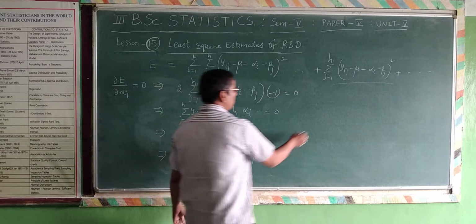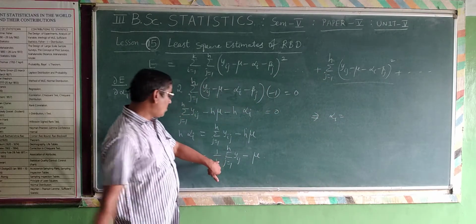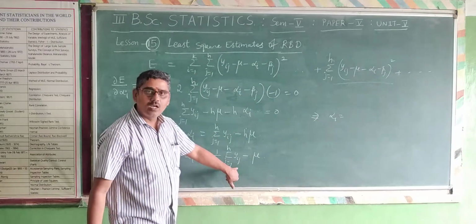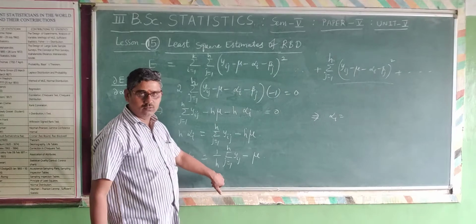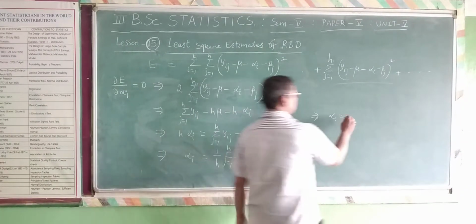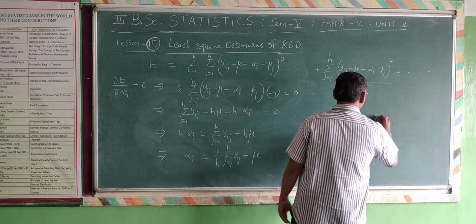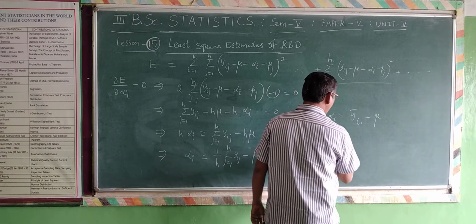So alpha_i is nothing but 1 by h summation j equal to 1 to h of y_ij. What is the formula for that? It is y bar i dot, since j is running. So the answer is y bar i dot minus mu. Now you have to estimate it because mu is not known.